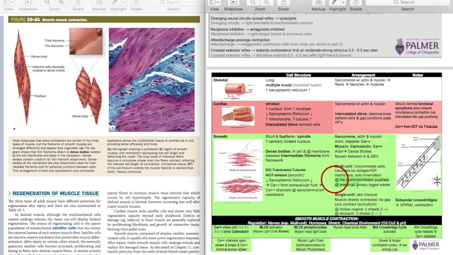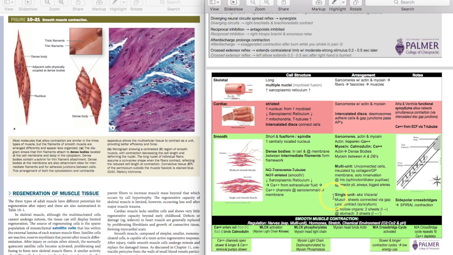You're going to want to know examples of where you're going to find multi-unit, unconnected, solo innervated smooth muscle cells. They will be found in the iris of the eye, the sphincter and dilator pupillae. They will be found in the erector pili of the skin that gives you goosebumps, raises your hair up. They're also found in your airways and in your biggest arteries, which could be the aorta, I guess, right? So your large arteries. So know these examples of where multi-unit is found.